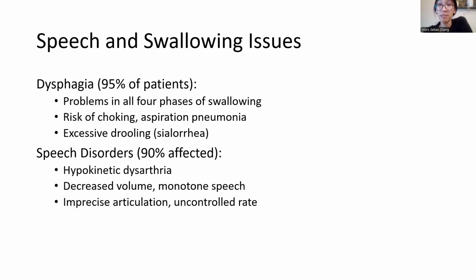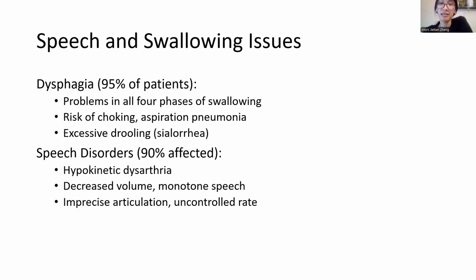The consequences can be serious. Dysphagia increases the risk of choking, aspiration pneumonia, and malnutrition with significant weight loss. Aspiration pneumonia is one of the most common ways a PD patient dies, along with a cardiac attack. Patients also experience excessive drooling, or sialorrhea, due to both increased saliva production and decreased spontaneous swallowing.